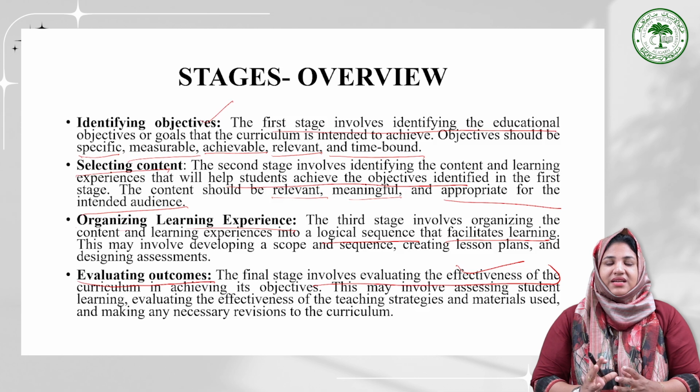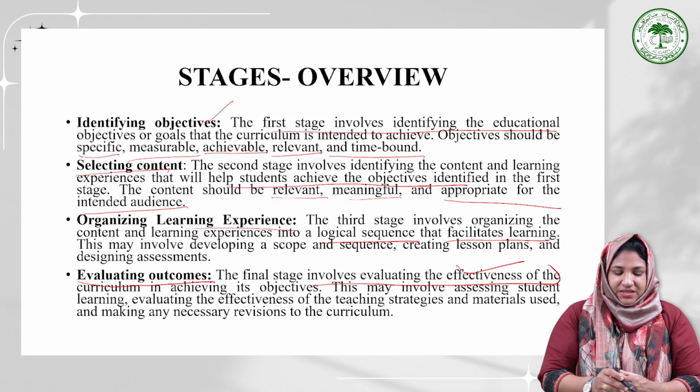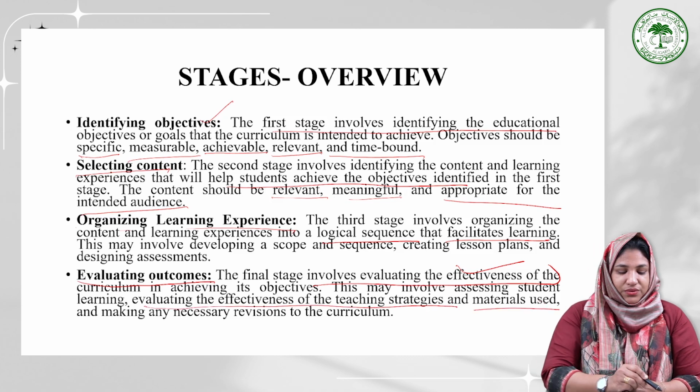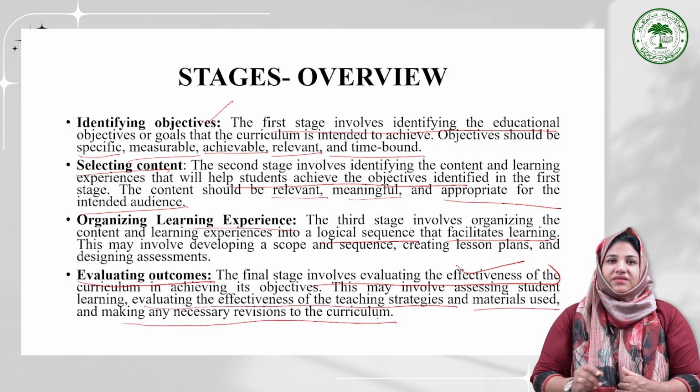If you understood what the students have learned, and if you find that yes, they have become skilled students, they have achieved knowledge, they are able to apply their knowledge in the real life situation, they could connect their knowledge with the real life experiences, of course it is successful. That is why we can say that evaluating the effectiveness of the teaching strategies, materials used, and making necessary revisions.